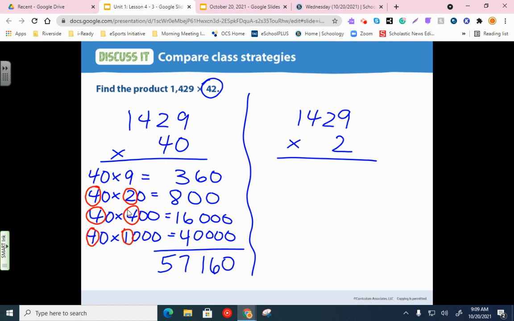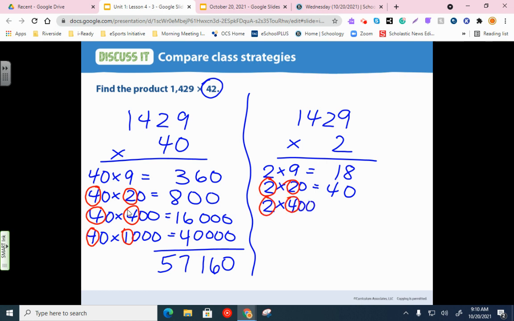Over here on the right-hand side, let's do 2 times 9. Gives me 18. And then 2 times 20. Again, multiply these together. That gives you 4 plus a 0. Let's do 2 times 400. Do 2 times 4.